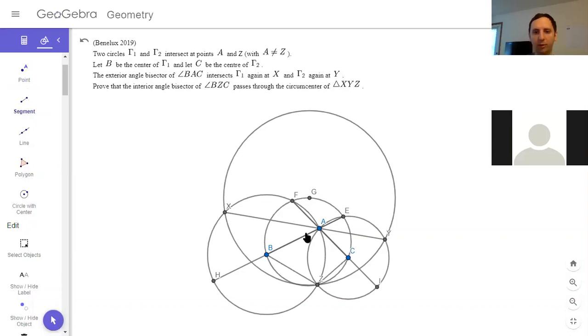Let's see. So maybe we can use an angle chase to show XF and G are collinear. If we can show angle AXF equals angle AXG, that would do it. And AXF is the same as AZF. And AXG is YXG.